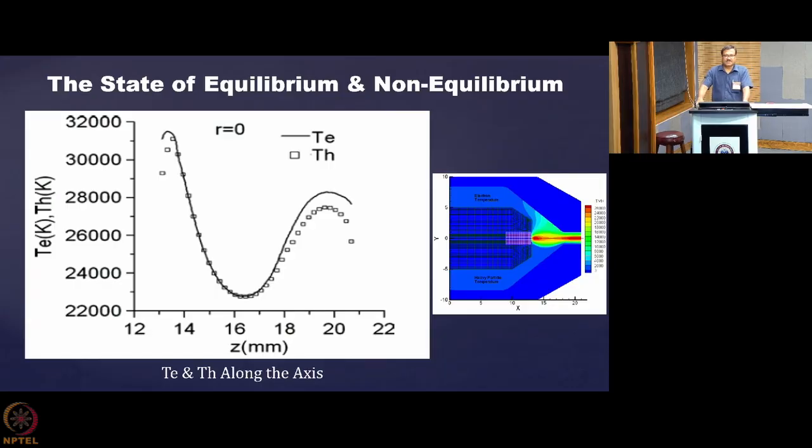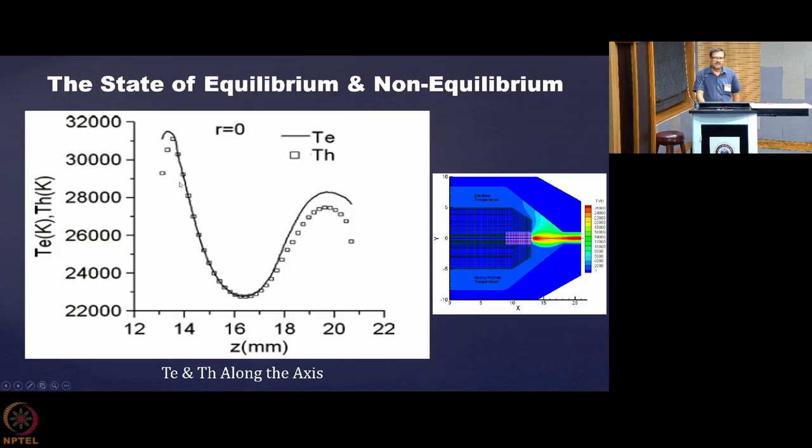Now here, just to understand whether the plasma coming out from such a device is a thermal plasma or not: thermal plasma means the electron temperature TE is the same as the heavy species temperature TH. That is one of the requirements. Here we are seeing the axis where you expect the maximum temperature, starting just from the cathode.